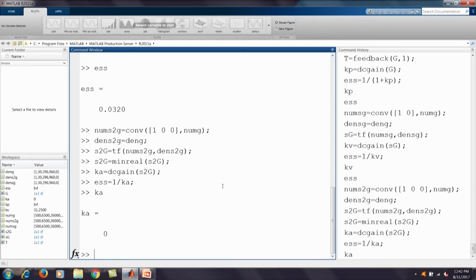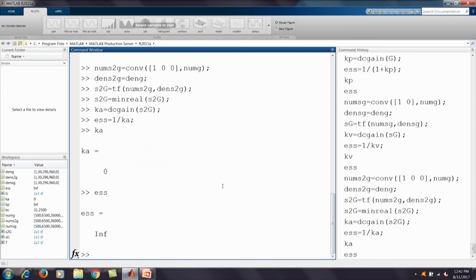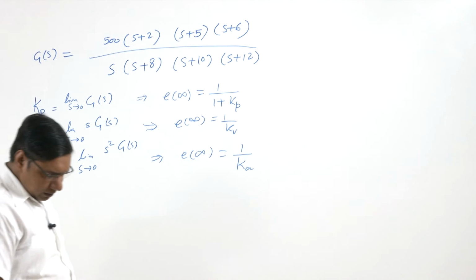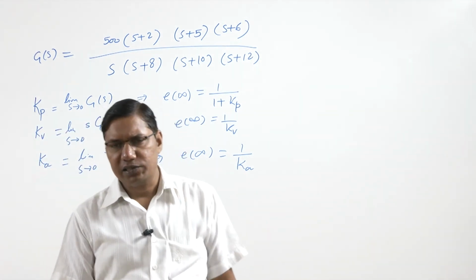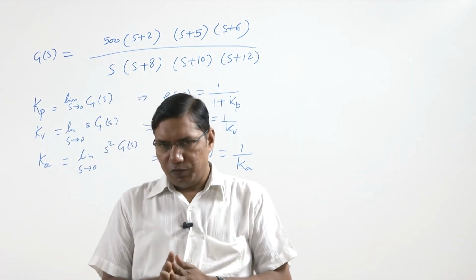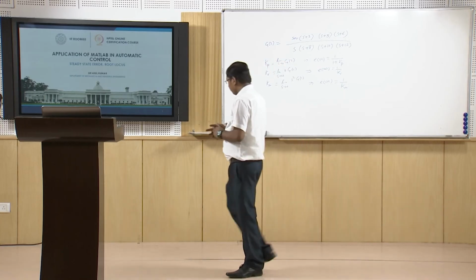Ka we are getting 0, and ESS we are getting infinite. So this is how we have obtained the steady state error and static error constants for a given system.